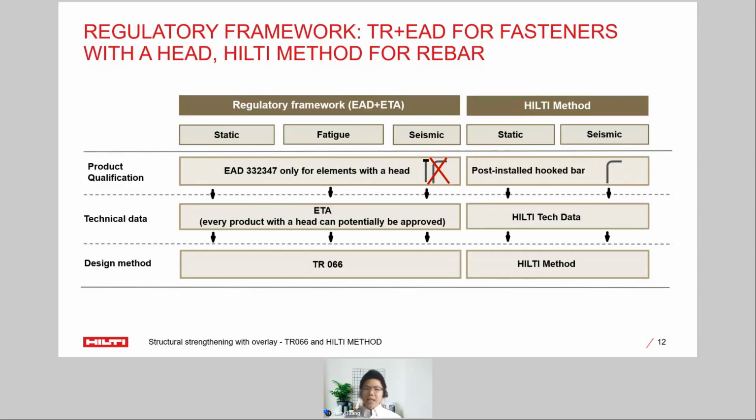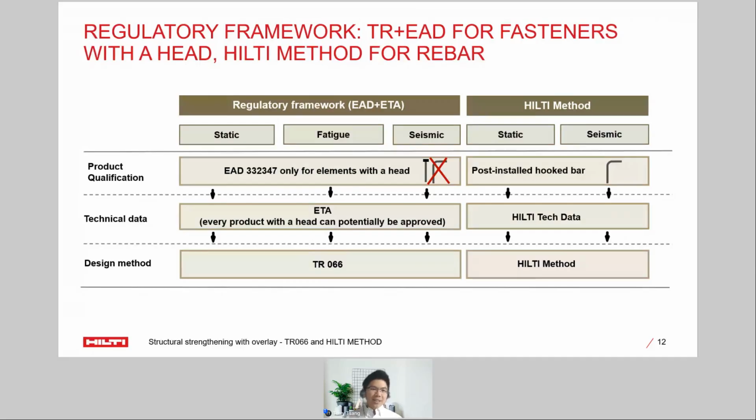For that, Hilti offers the Hilti design method for hooked rebar for the same applications, and today we will not cover that hooked rebar part. We might cover that in a future webinar. If you're interested, drop a comment and let us know, and then we can arrange the next one. But today we are mainly focusing on TR66.